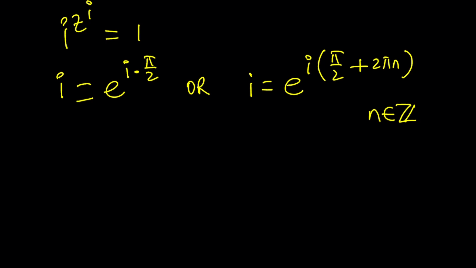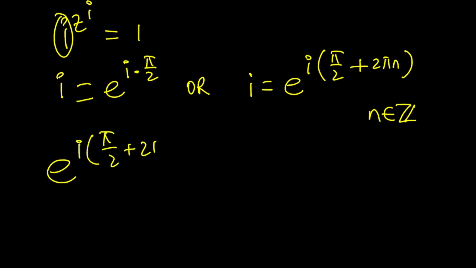Okay, again, like I said earlier, we're going to discuss different possibilities. So let's go ahead and plug this in and see what happens, because we're going to have other complications that we have to overcome. So now I'm going to go ahead and replace this i with e to the power i times (pi over 2 plus 2 pi n).